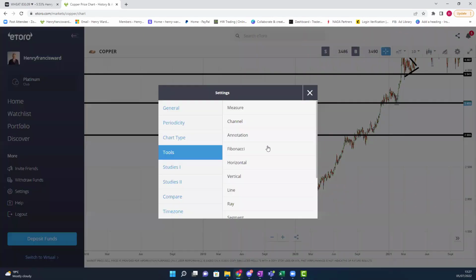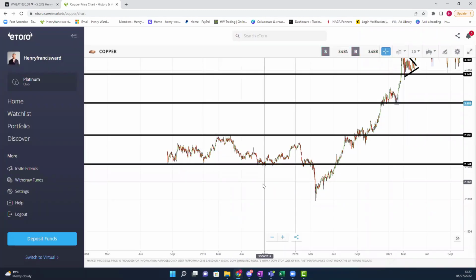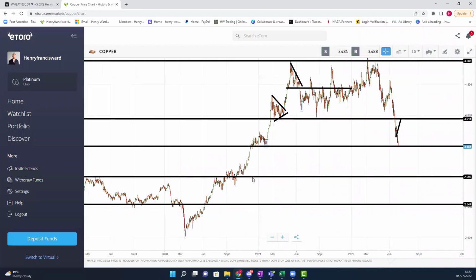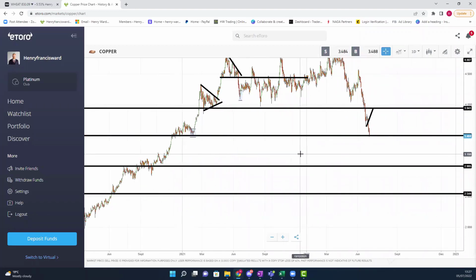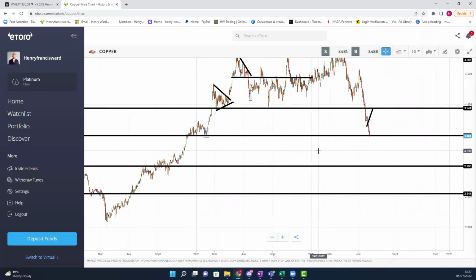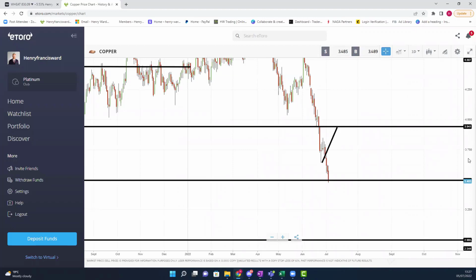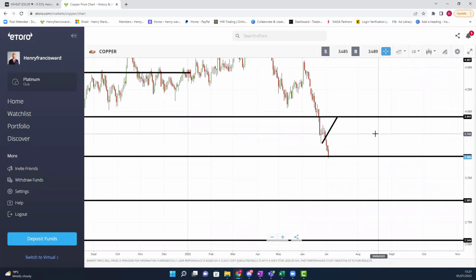I'm interested to see how far copper will fall. Bear in mind, the whole world needs copper. And why does the whole world need copper at the minute? Can anyone tell me?